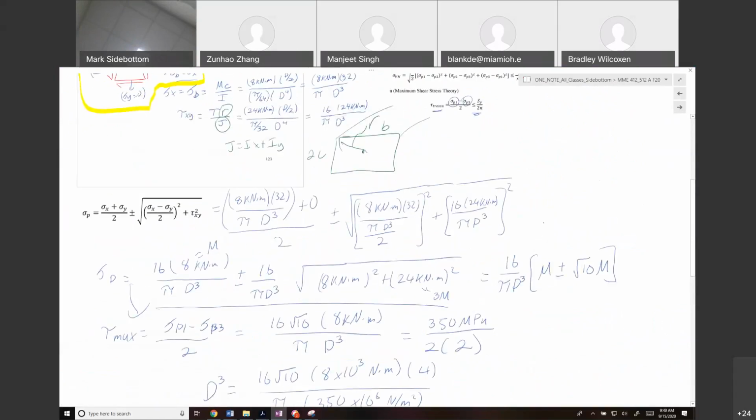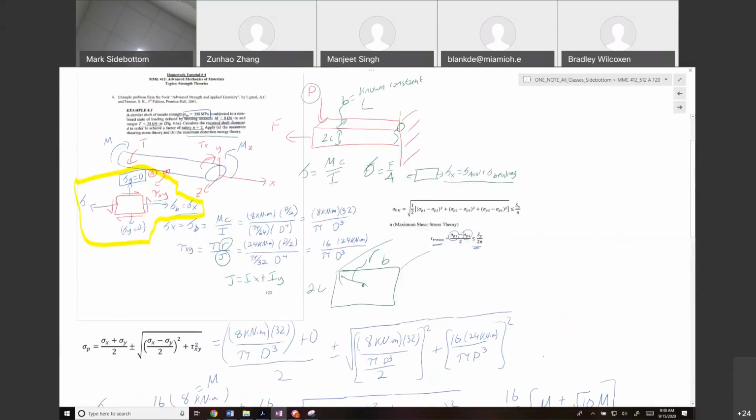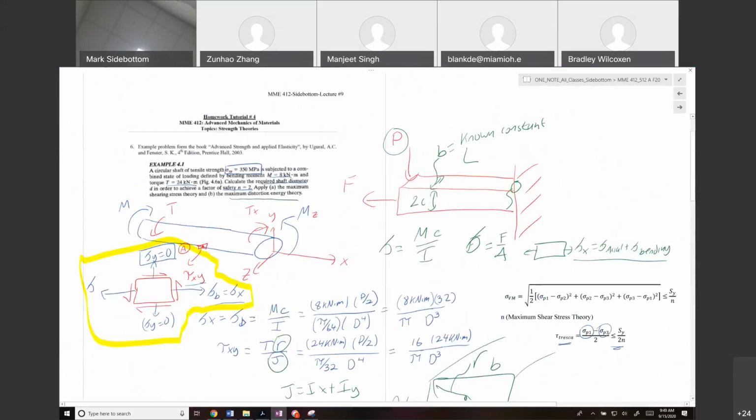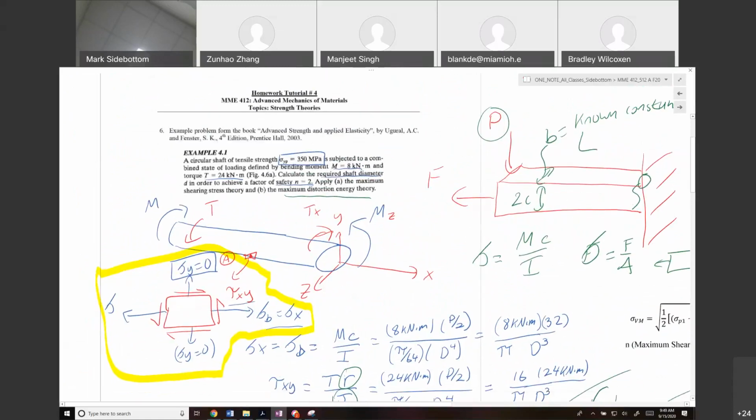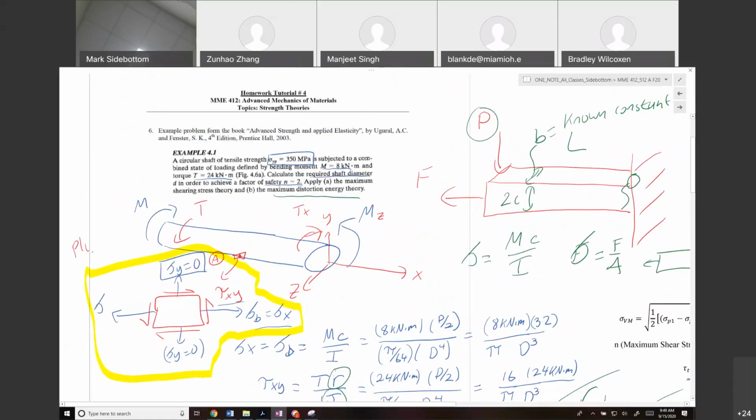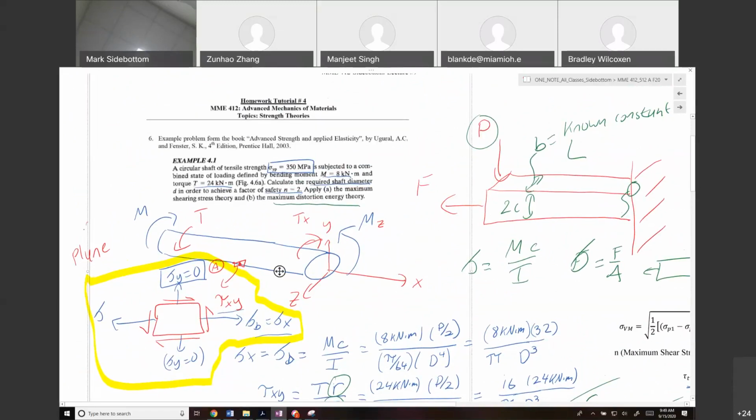So in this case, our stress element is a case of plane stress. So there are no stresses going into the page, so sigma z is 0, and tau zx and tau yz are all 0.